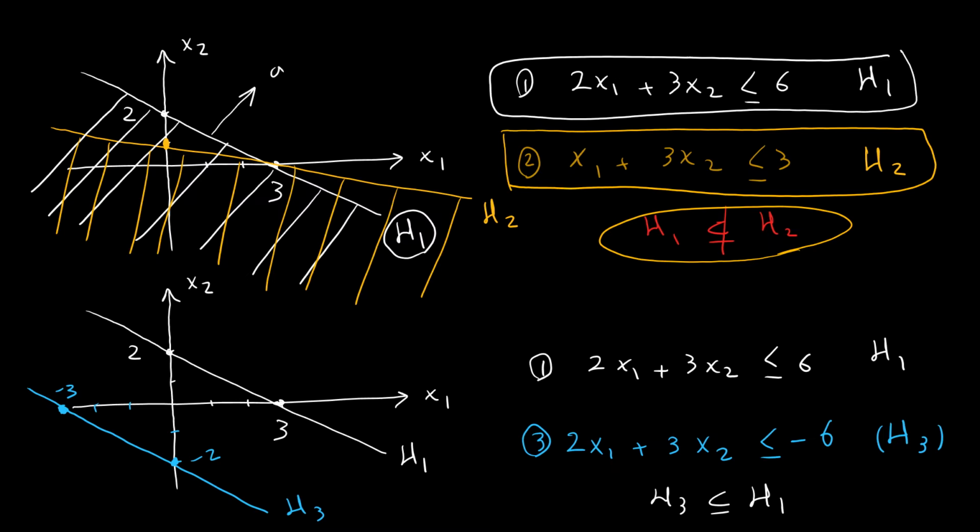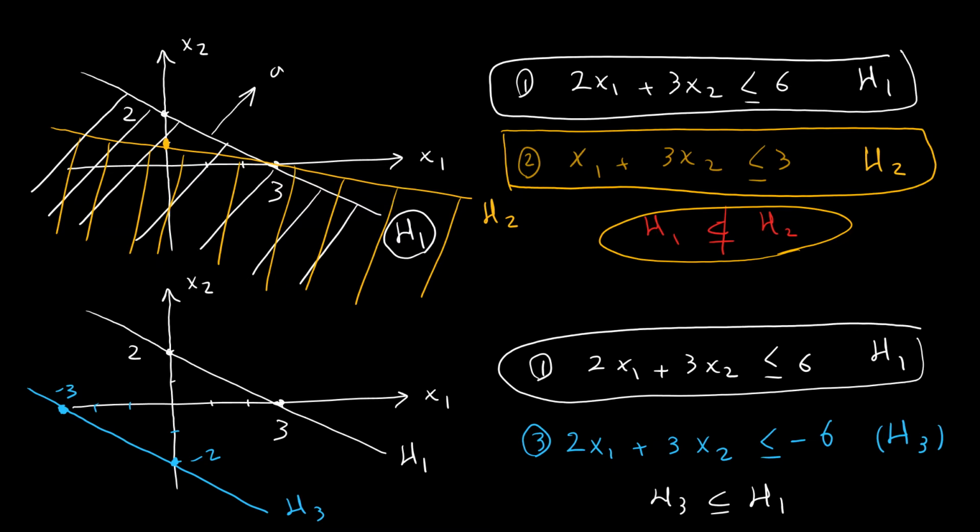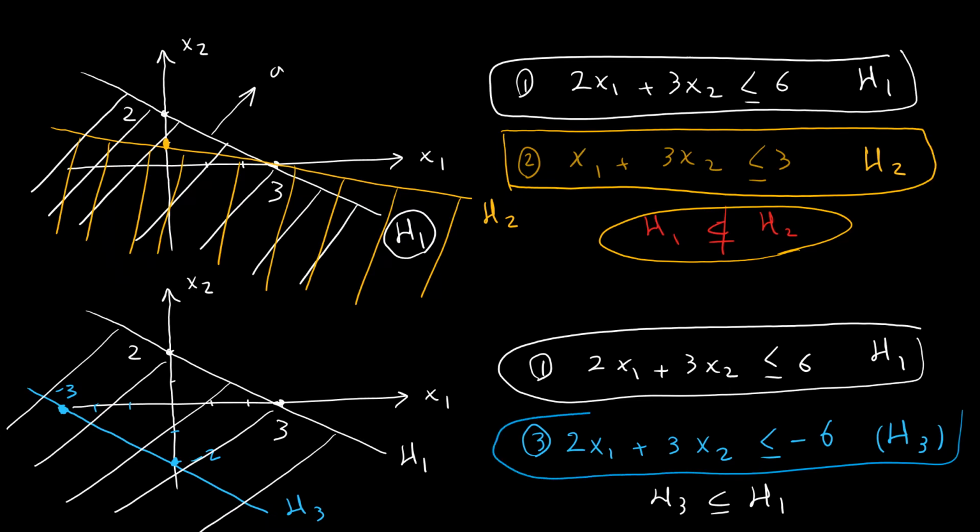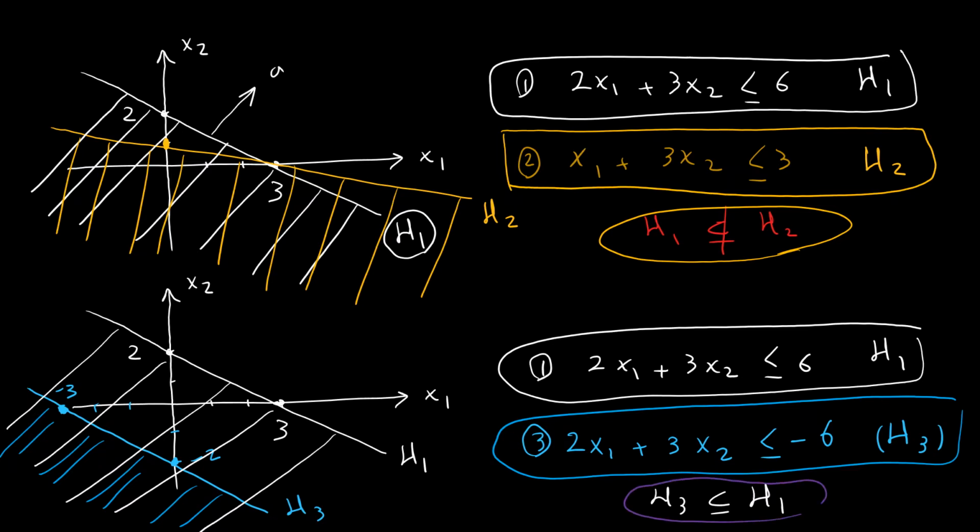However, we have another case where we have H1 as the first half space that we introduced. So all the points are going to be here, and all the points inside the third half space would be all the points right here. Now you can see that all the points in H3 are contained in H1 as well. Therefore, we can say that H3 is contained in H1.